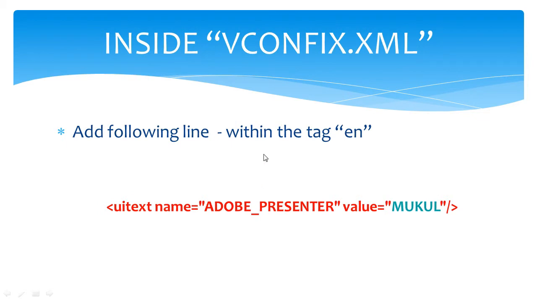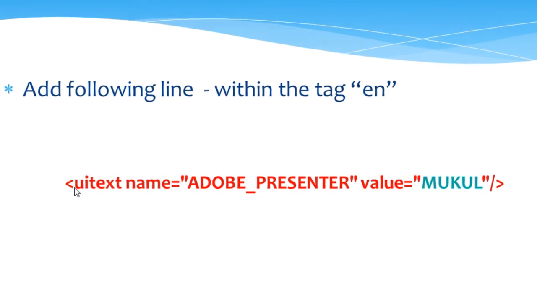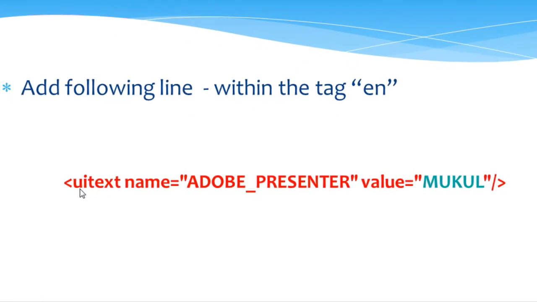Then within this tag EN, at the bottom, just add this particular line. I'll pause here for a few seconds so that you can make a note of this line, or at least grab a snapshot of this video. Here, write the text which you see in red as it is, and the text which you see in green should be the one which you want in the preloading text.